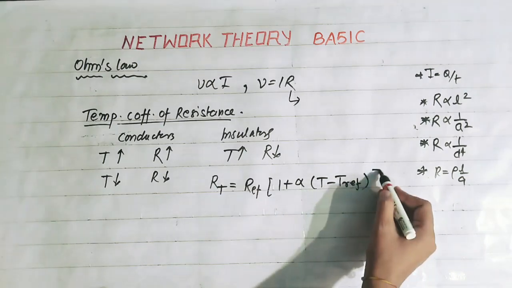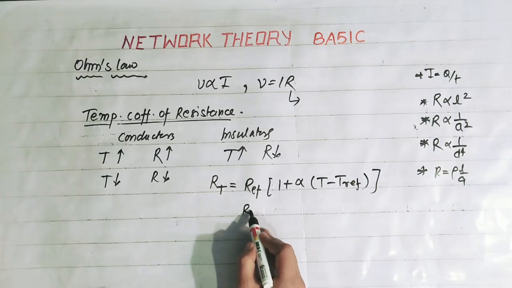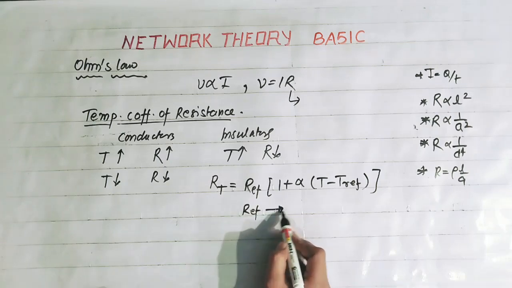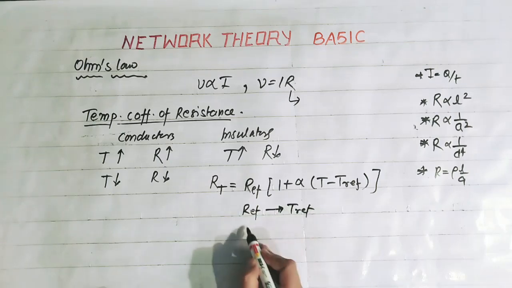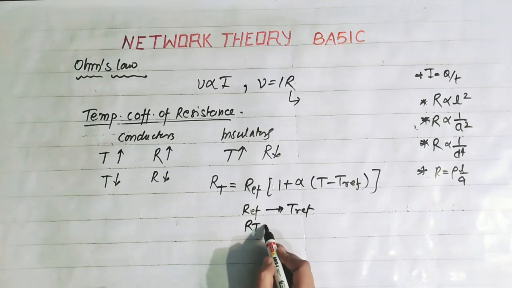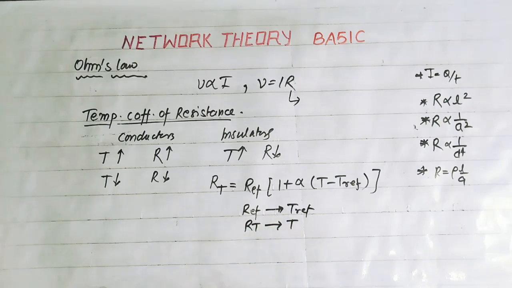So R reference is the resistance at temperature T reference, and RT is the resistance at temperature T. If we have to find the resistance at temperature T, then we can use this.